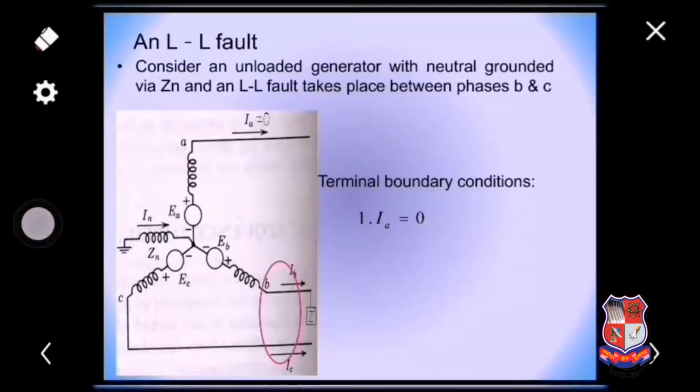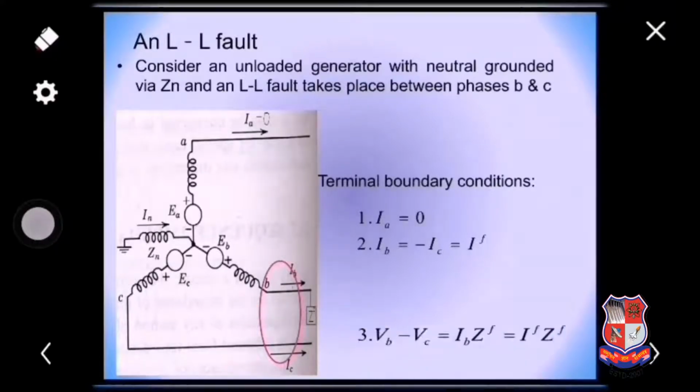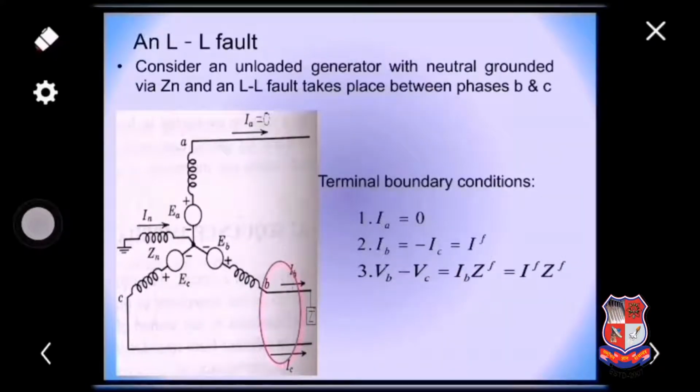The second boundary condition is IB equal to minus IC, and that is itself the fault current to be obtained using symmetrical components. The third boundary condition is the potential difference between phase B and C under the fault condition. So VB minus VC is IB into ZF, or minus IC into ZF, and that is equal to IF into ZF.